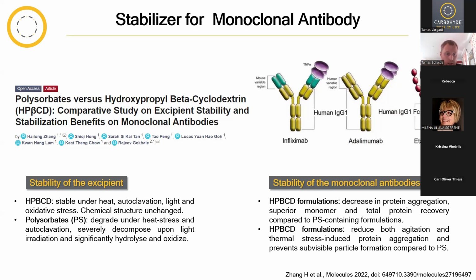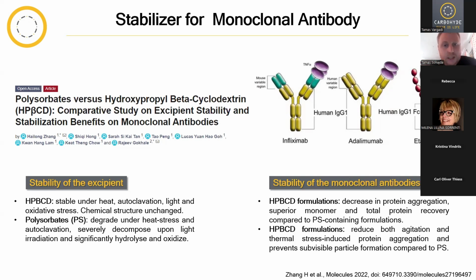So if you look at the literature, you can see quite a few studies on different types of monoclonal antibodies, as well as other natural or designed proteins, and you can see a lot of examples. I'm not going into too much detail because it's not providing additional information.